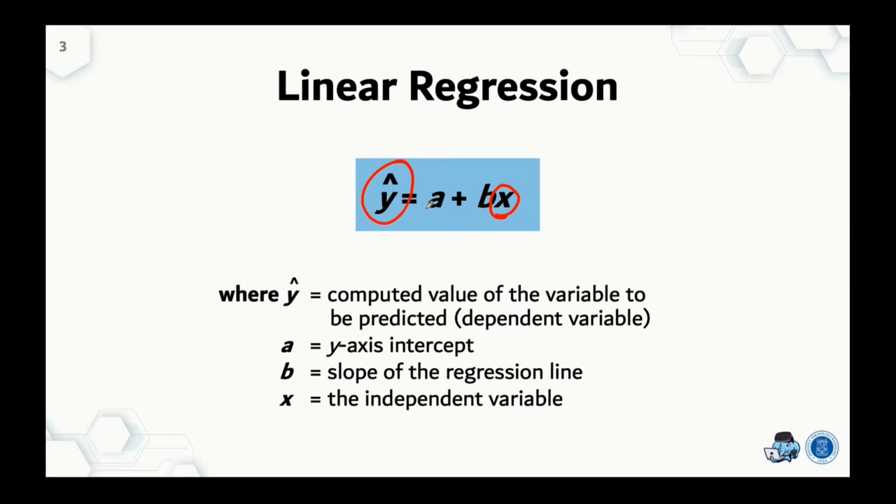So y is equal to constant a plus b, the slope of the regression line, multiplied by the independent variable x. So y is predicted, and x should be the predictor.